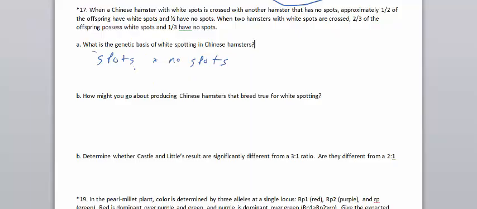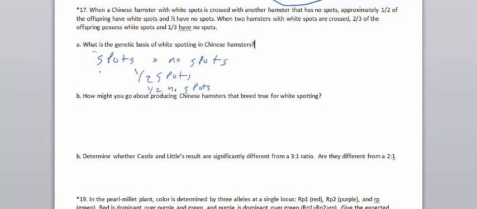And we get one half with spots and one half with no spots. So that looks like a test cross of a monohybrid. We get a 1-to-1. And so one of these is heterozygous, and one of them is homozygous recessive. But we don't know which one is which.